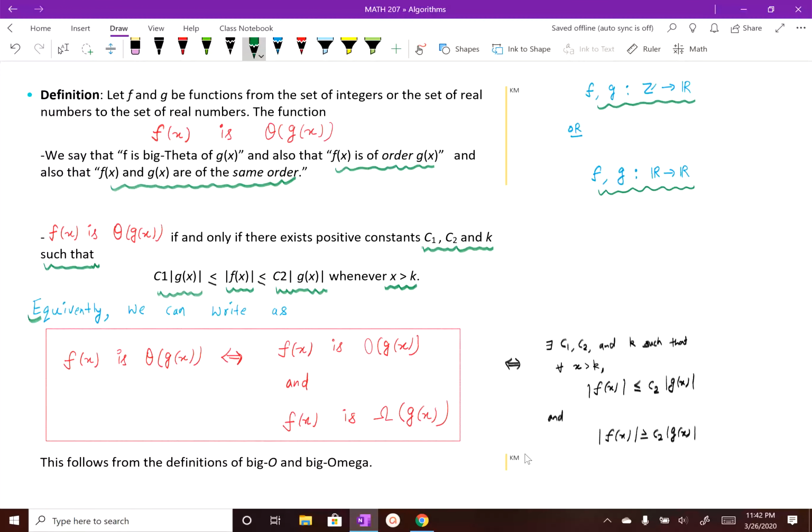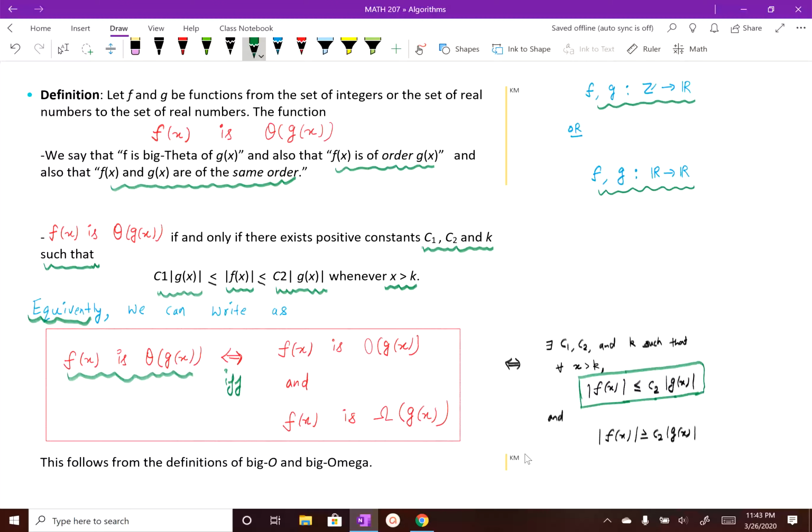So equivalently, we are saying that f of x is Big-Theta of g of x if and only if f of x is big O of g of x and f of x is big omega of g of x. Because if f of x is big O of g of x, we can satisfy this inequality provided we have two positive constants k and c2.